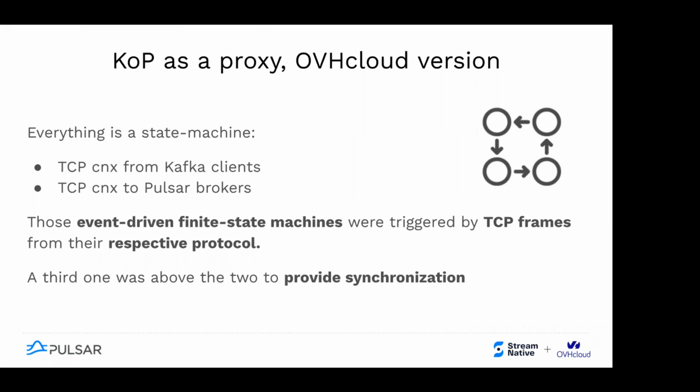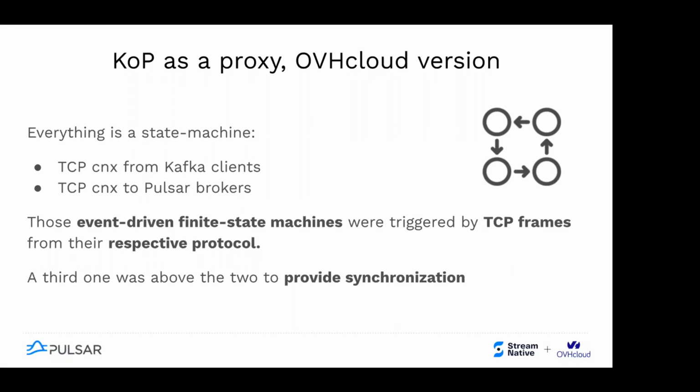We have a state machine for the Kafka connection, the TCP connection from Kafka clients, and another state machine for handling a connection to Pulsar brokers, and then each TCP frame from each protocol was moving the state machine around.